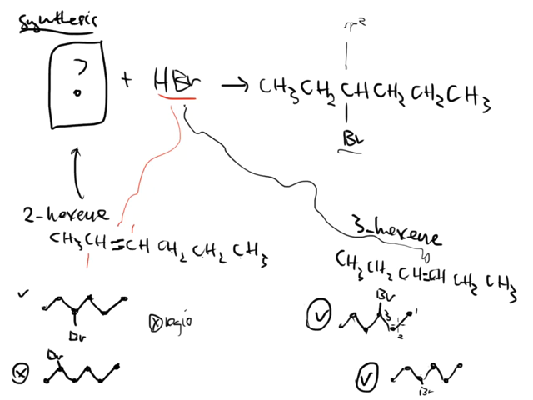I would name this the same, wouldn't I? 1, 2, 3, 4, 5, 6. 3-bromohexane. This one, 1, 2, 3, 4, 5, 6. 3-bromohexane. And this product that we want up here, 1, 2, 3, bromo, 4, 5, 6, hexane.